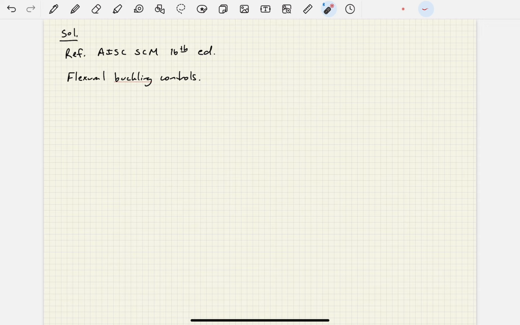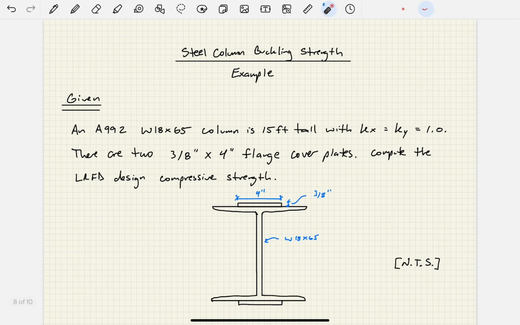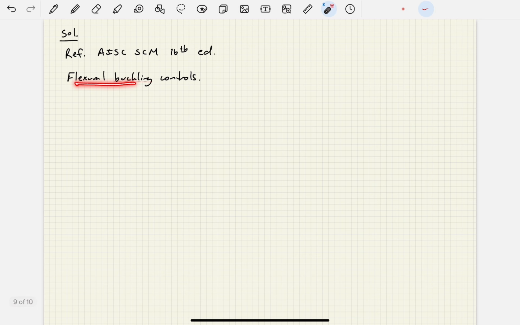And then the third limit state, flexural-torsional buckling, occurs when you have unsymmetric cross-sections that tend to both bend and twist. So clearly here we have a symmetrical cross-section, this W shape with the two cover plates. So the limit state of flexural buckling is going to control, okay?